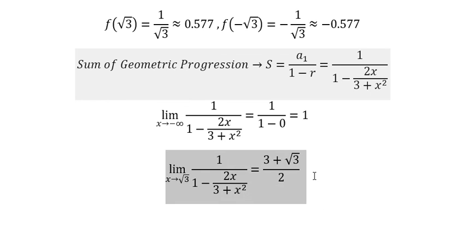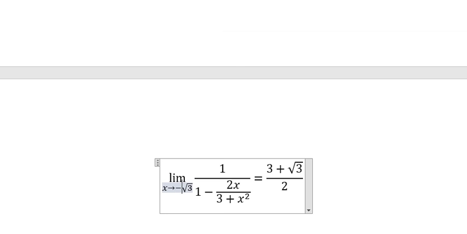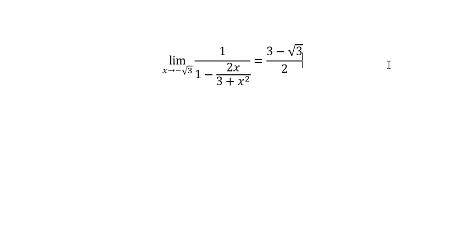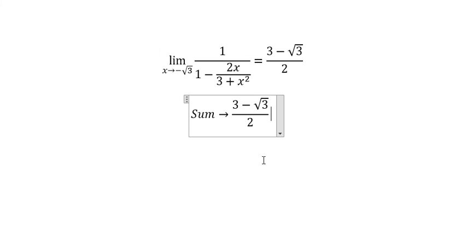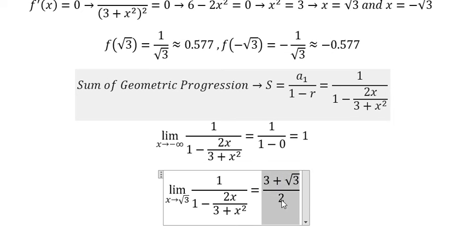Now let's go to the next one, that is the negative in here. So we have 3 minus this one. So when we compare the limits in here, the sum of this one is between two numbers in here, the smallest one that is in here, and the largest that is this one.